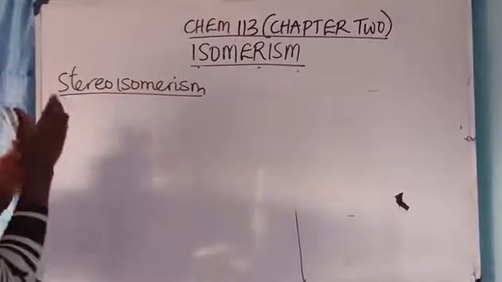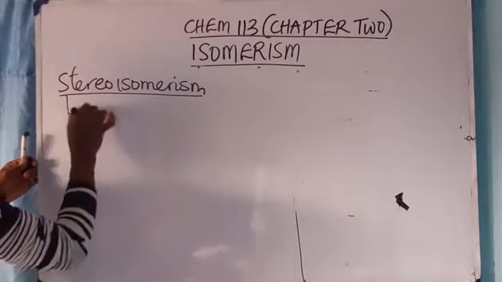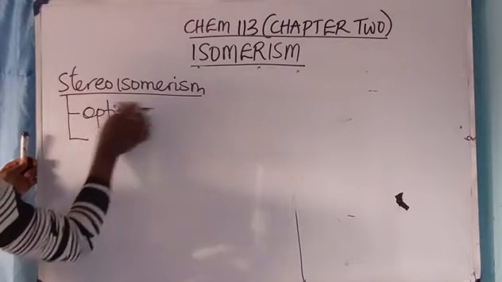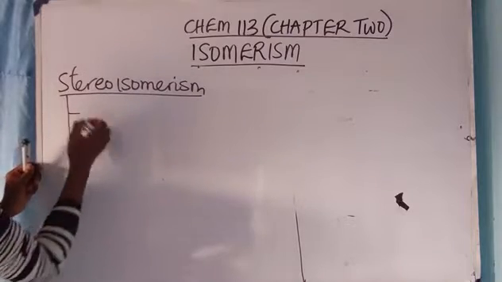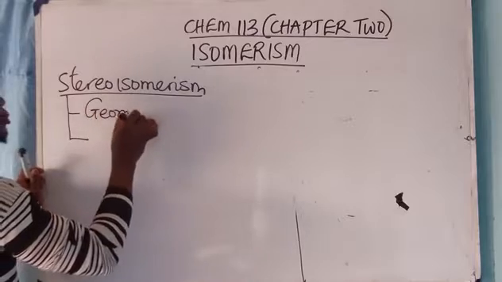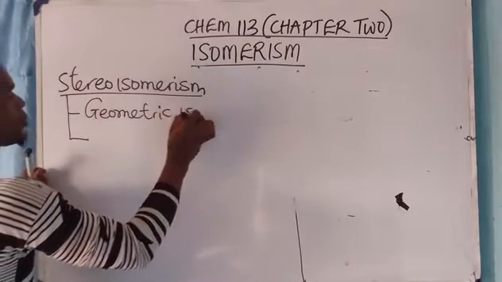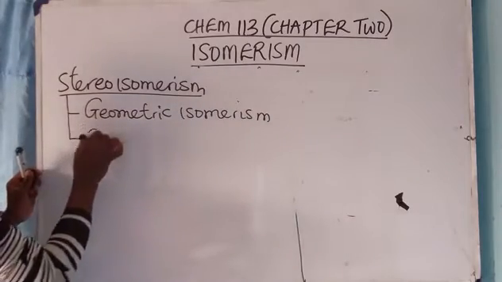Now it is divided into two. We have the optical isomerism. Should I bring geometric first? Okay, we have the geometric isomerism, and we have what? The optical.